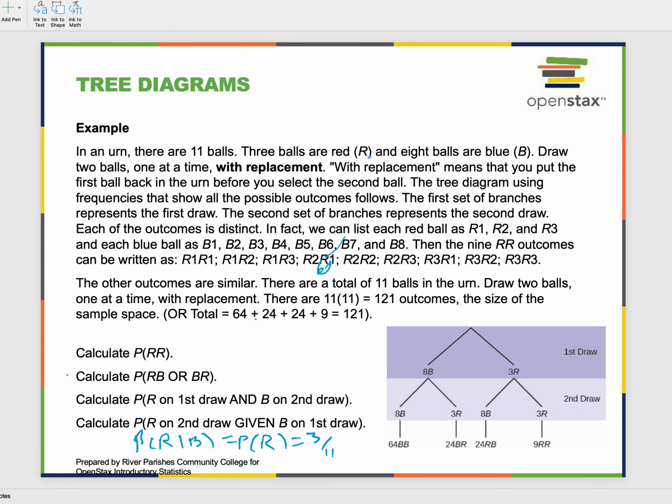So the only ones we really have to worry about are these two. Calculate red blue or blue red. Red on the first and blue on the second. Well, that's going to be 3/11 times 8/11, or it's going to become 24/121.